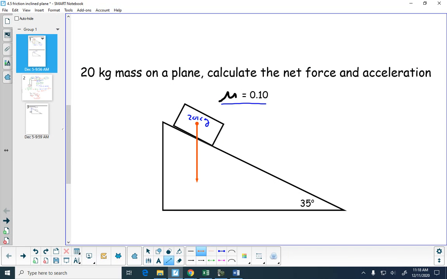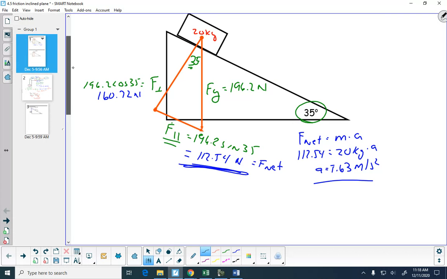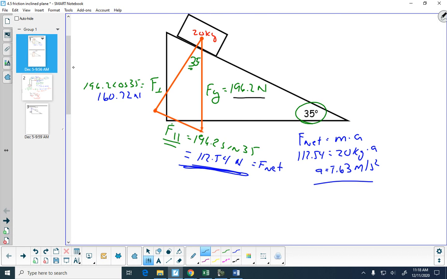So our setup is going to be the same initially, where we have our force of gravity, our force parallel, and our force perpendicular, which is also our force normal. Those are all still going to be the same. We still have a 20 kilogram mass, so our force of gravity is still going to be the same, 196.2.